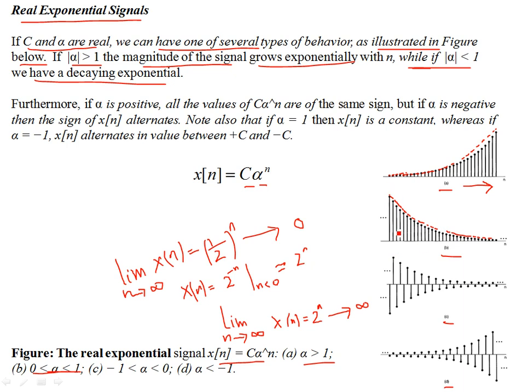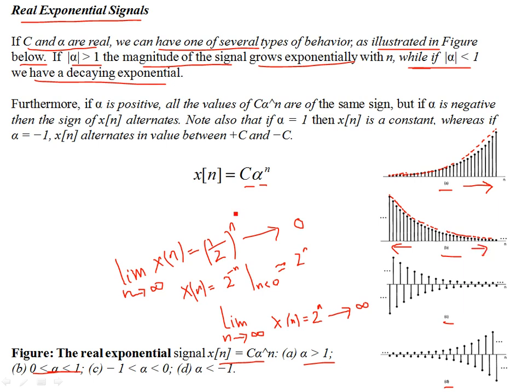For n equal to minus 1, minus 2, minus 3, minus 3 gives 2 raised to the power 3, and minus 4 gives 2 raised to the power 4. So it's growing on the left side, but it decays as n approaches infinity on the right hand side.